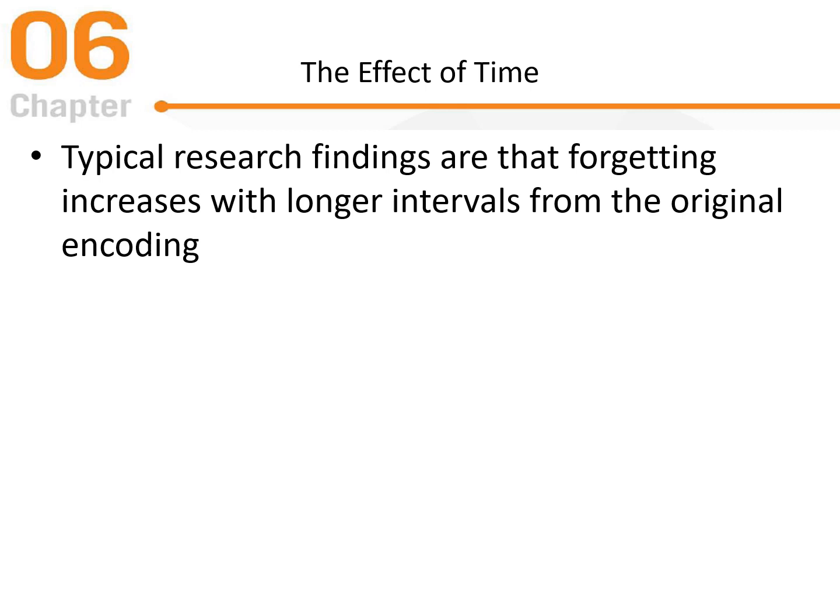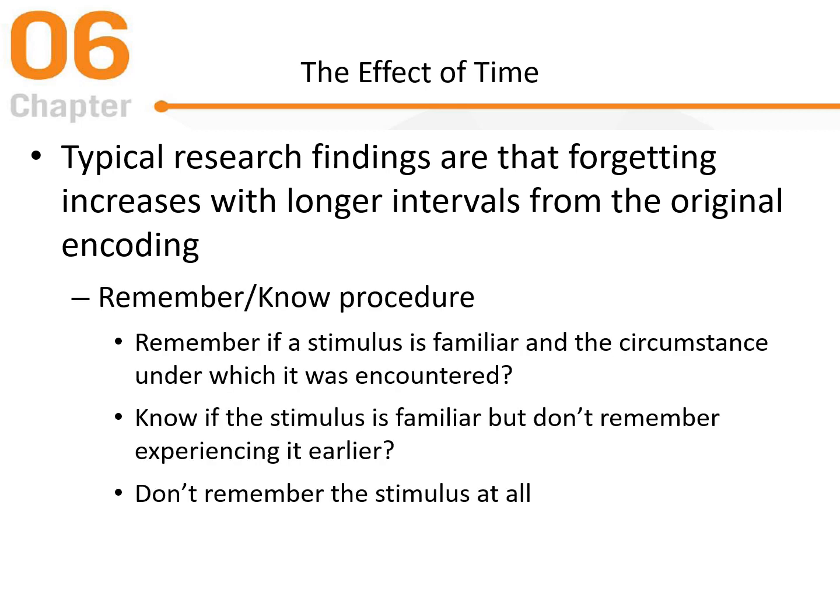Now, if we look at just the effect of time on memory, typical research findings are that forgetting increases with longer intervals from original encoding, which makes sense. The more time that passes between when you originally encoded information, the more forgetting we're going to see. We can see this from procedures like one called the Remember-Know procedure. This is where we're asking participants if they remember a stimulus, if it's familiar, and the circumstance under which they encountered it.